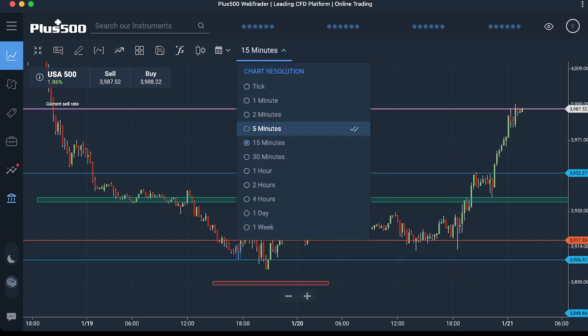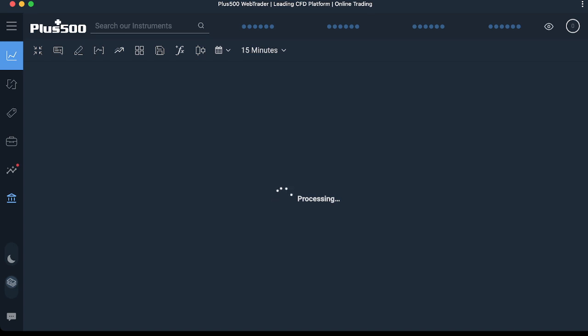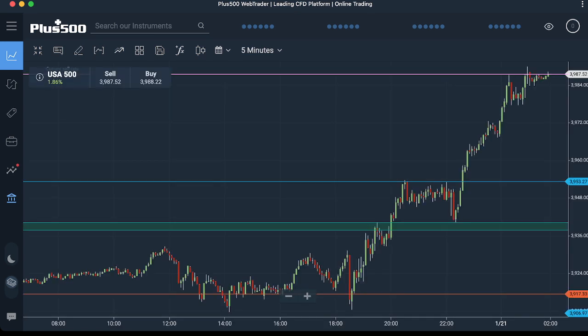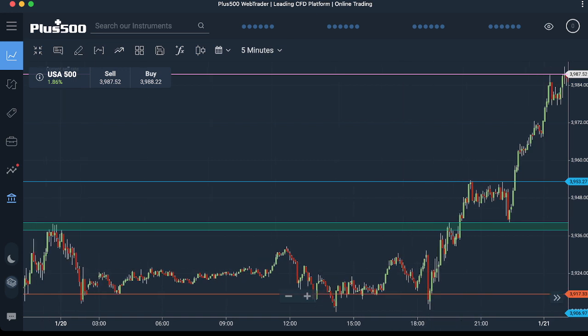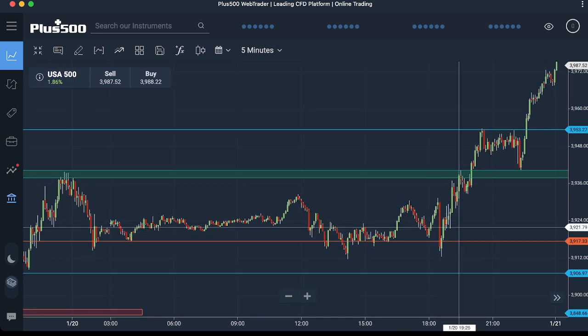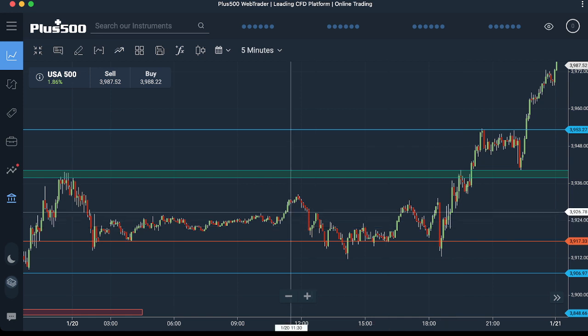5-minute chart. Okay, so we need to focus on those points of interest, daily and weekly, and try to catch the 5-minute entry based on that.